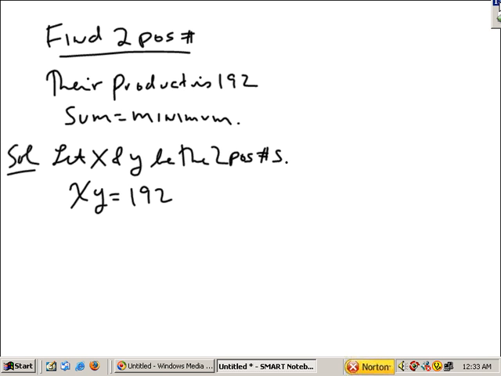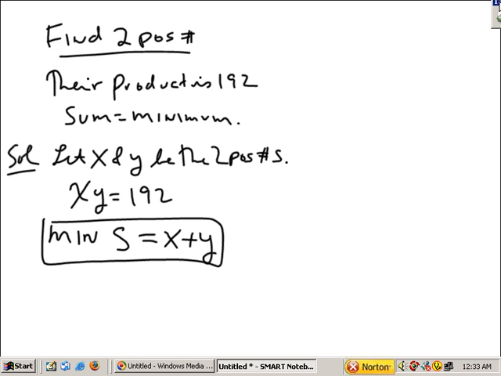And the sum, we want to minimize, S for sum, which is x plus y. So since we want to minimize S, we want to get S in terms of one variable. But it's in terms of two variables, x and y. So here's our constraint. I can solve for x.